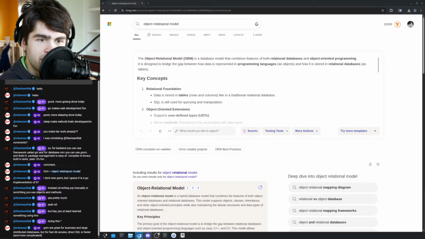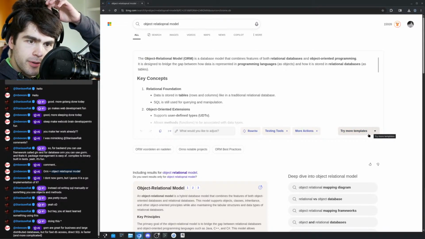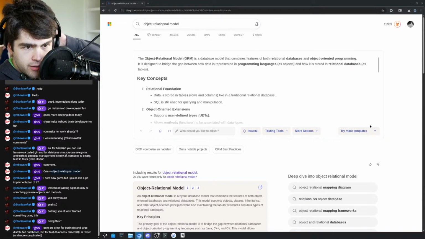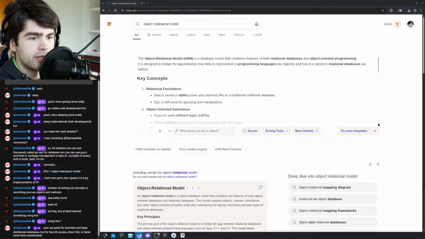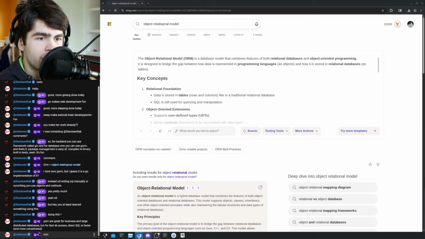ORMs are great for business and large distributed databases, but for fast DBs, direct SQL is faster, but more complicated. Yeah, so there's probably some advantage to whatever I'm doing.